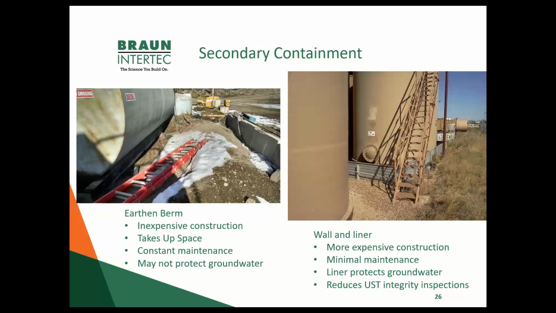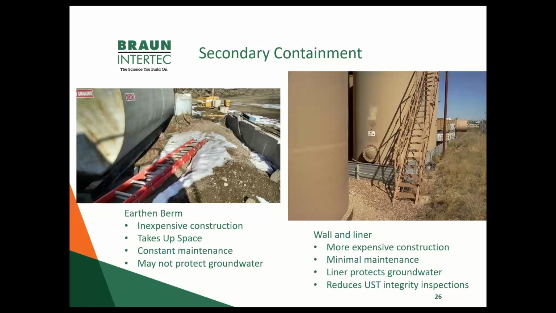Then, because it's just earth, you have constant maintenance to ensure that berm doesn't erode or settle. And it may not actually be very effective because it may not protect your groundwater.